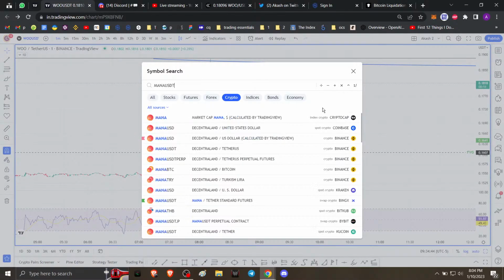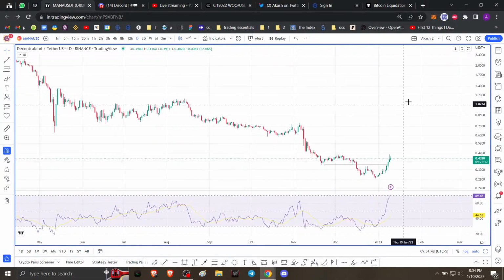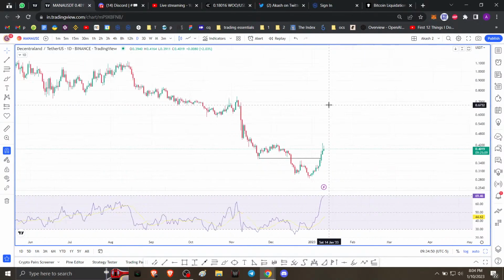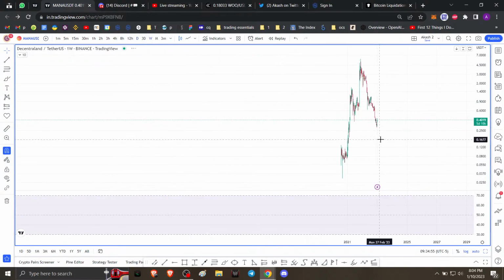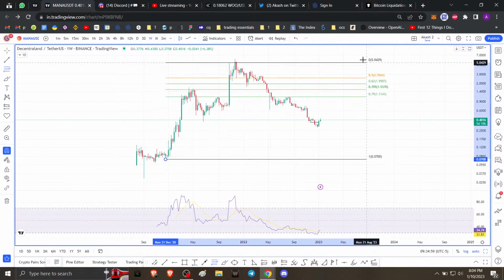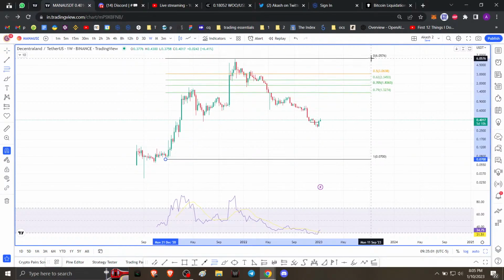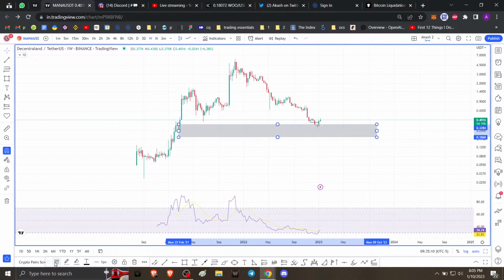Damn. Okay. Nice little bounce from a weekly demand zone.